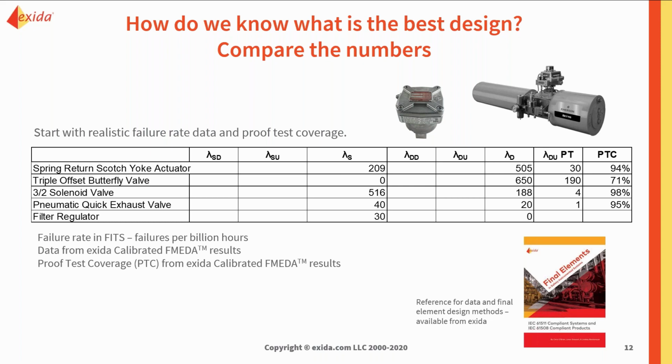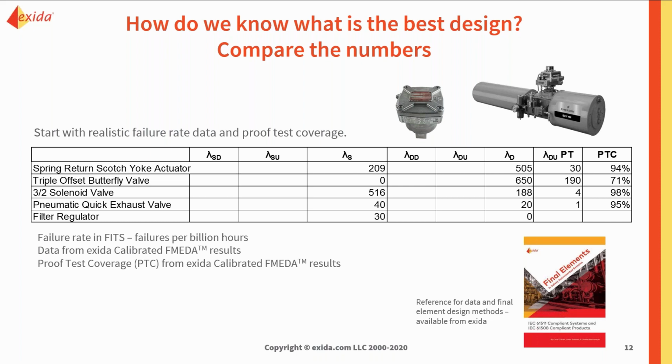We collected calibrated FMEDA reports for each of these individual devices, which listed all of the safe failure rates, all of the dangerous failure rates, along with the proof test coverage for each device. And then we started putting them together in different configurations to figure out what we were looking for and what would cause our problems.